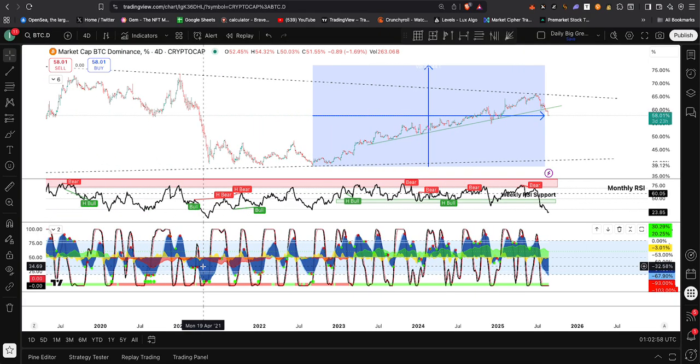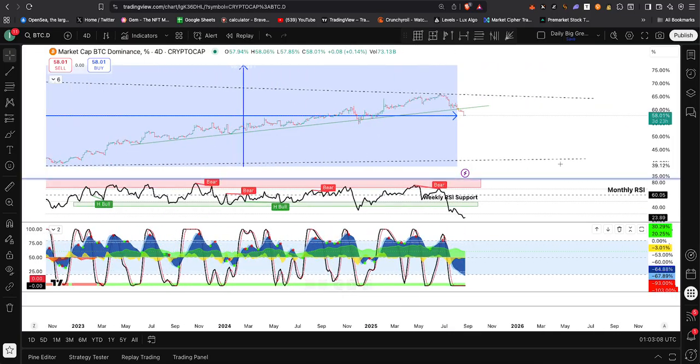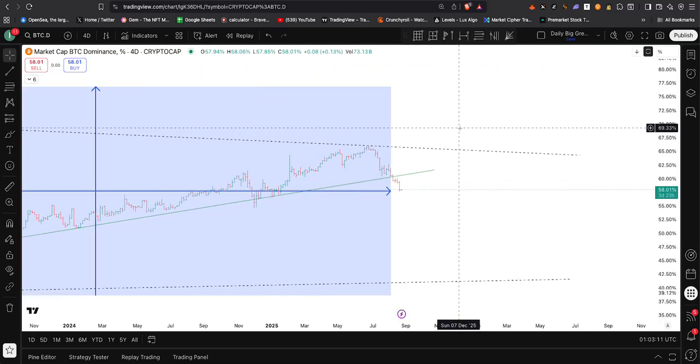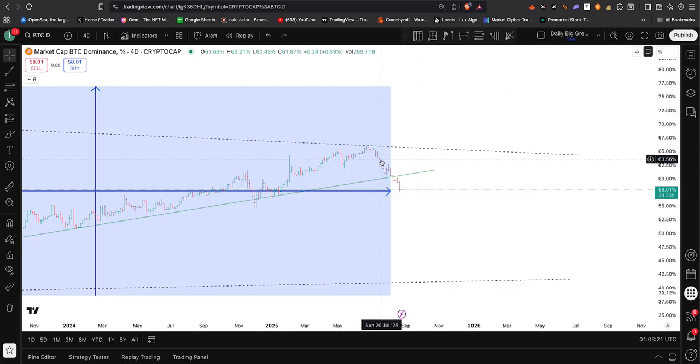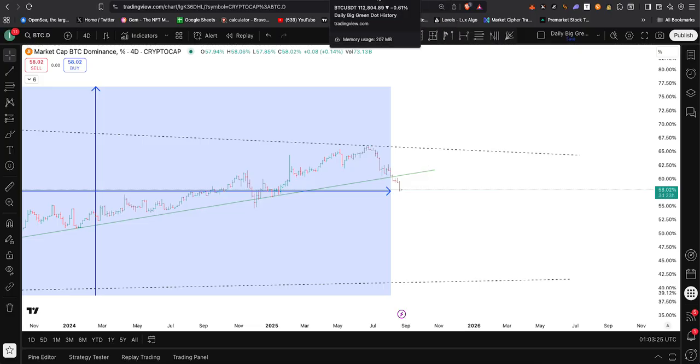But going off of the previous cycle, there's a chance that they just fail. Okay, it depends on where we're at, but just looking at the basic price action or percentage action on Bitcoin dominance, it's definitely in a downtrend. Okay, it's respectively in a downtrend as of current time.